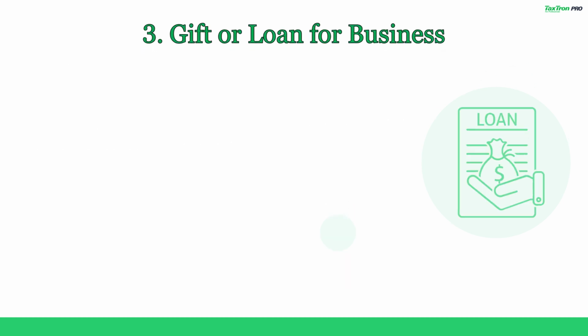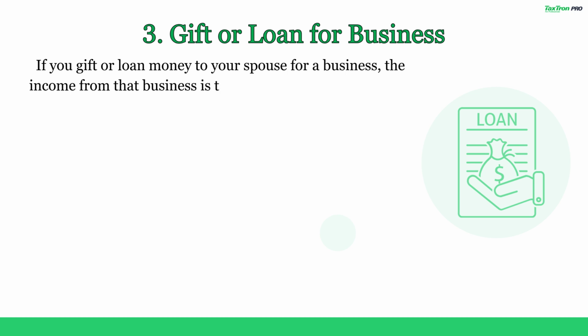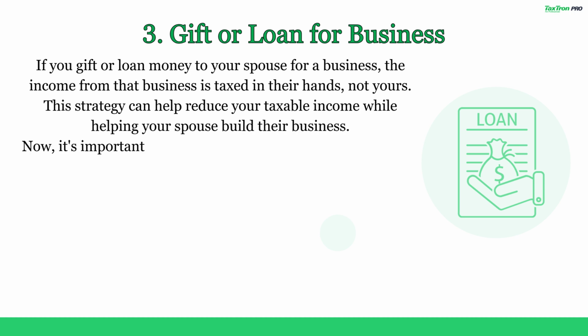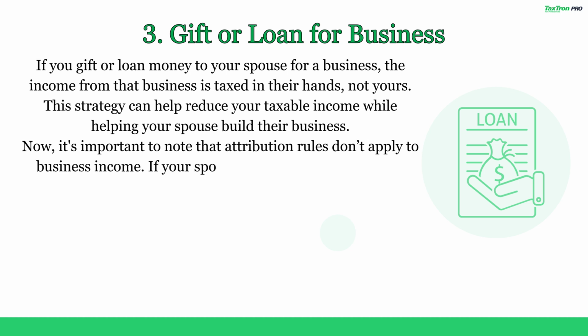Number 3. Gift or loan for business. If you gift or loan money to your spouse for a business, the income from that business is taxed in their hands, not yours. This strategy can help reduce your taxable income while helping your spouse build their business. Now, it's important to note that attribution rules don't apply to business income.